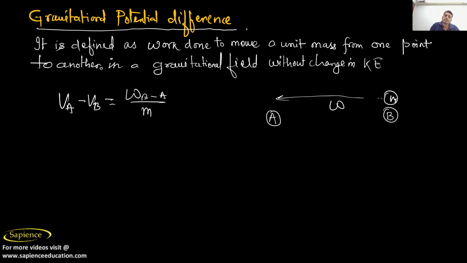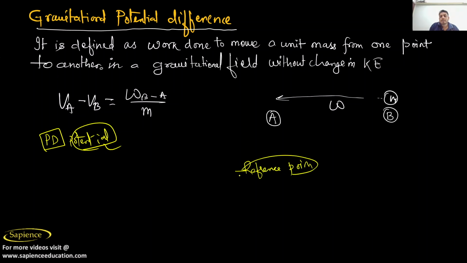Before this, I want to discuss why I am talking about potential difference first. Earlier in class 10, in the electricity chapter, you studied potential difference. You haven't studied about potential. Actually, in physics, we always talk about potential difference only. For potential difference, we need some reference point. That's why first of all I will talk about potential difference.